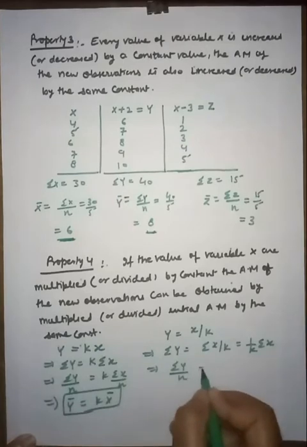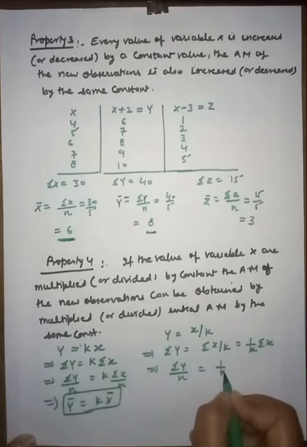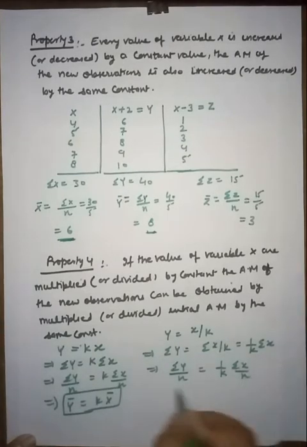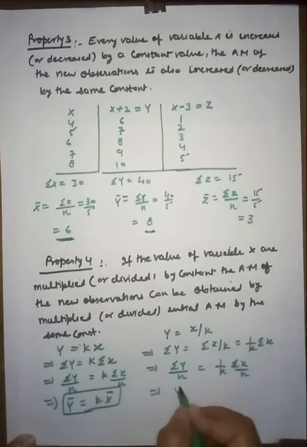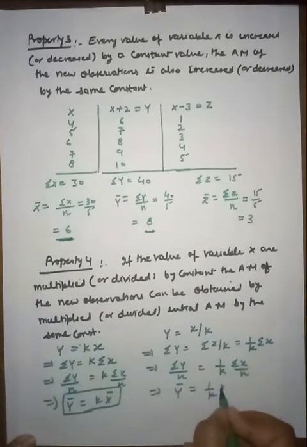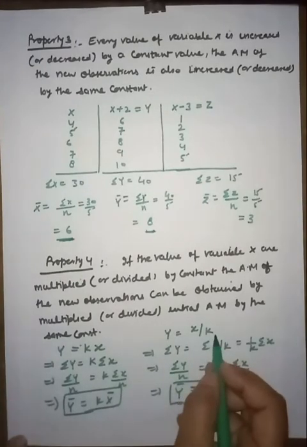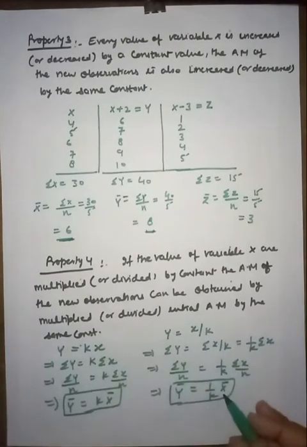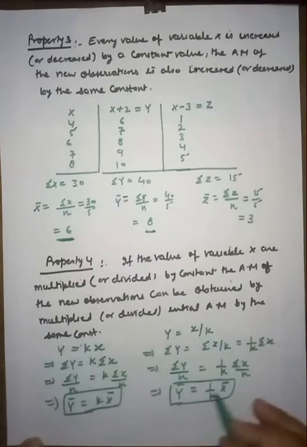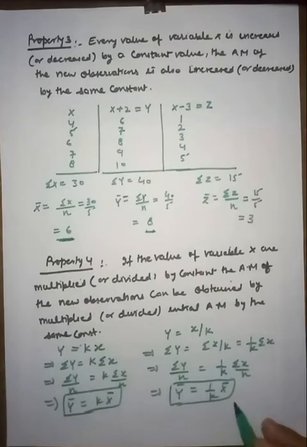Now this value is y bar and this value is x bar. So if you are taking the value divided by k, the arithmetic mean of the new observation is also divided by k, right? So this is property 4.